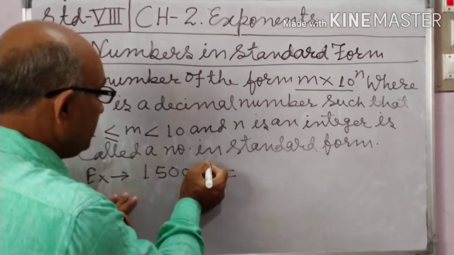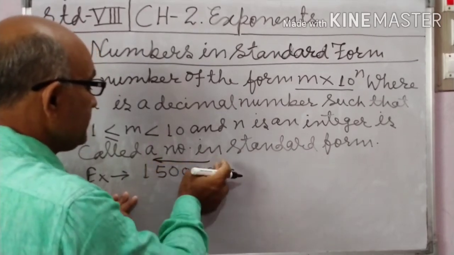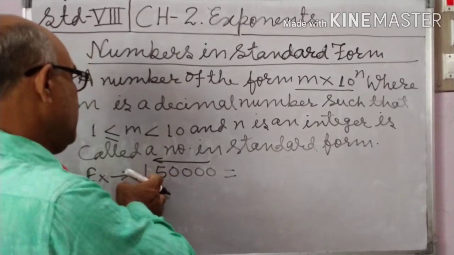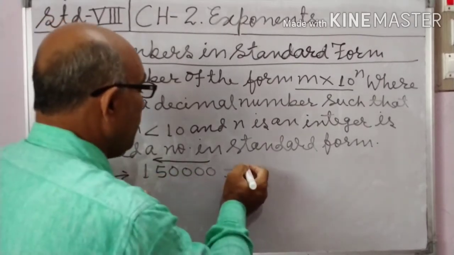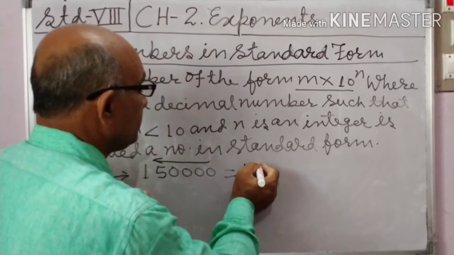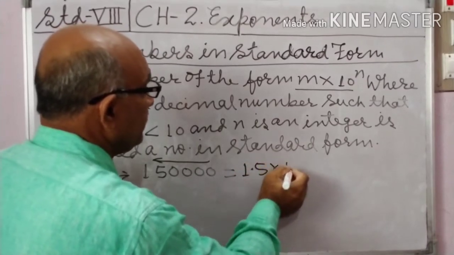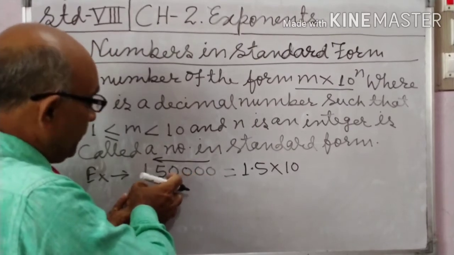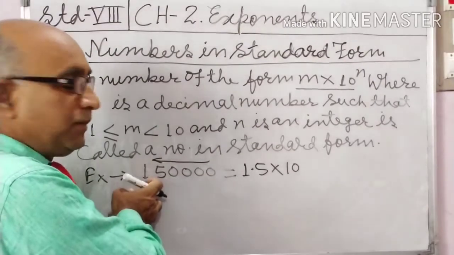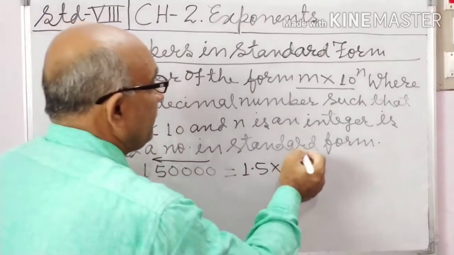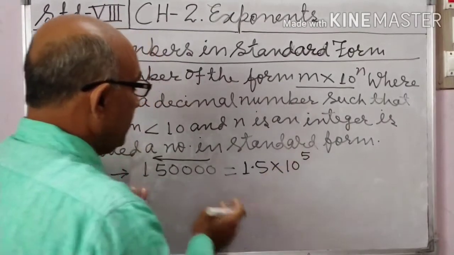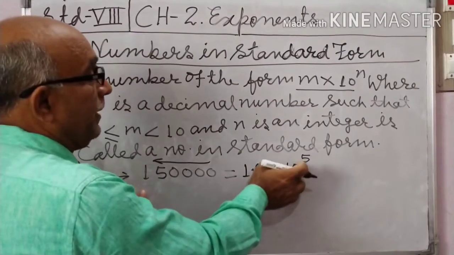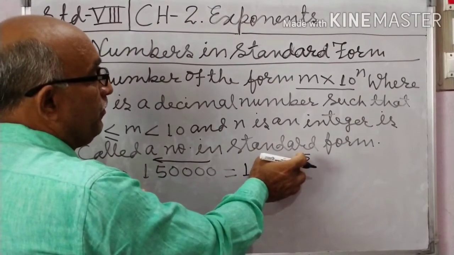The decimal is shifted 1, 2, 3, 4, 5 digits. So 1.5 into 10 to the power 5. The decimal is shifted 5 digits from right to left, so 10 to the power plus 5.